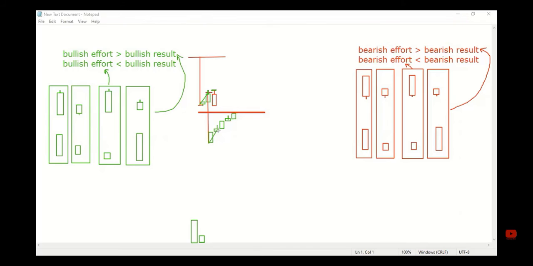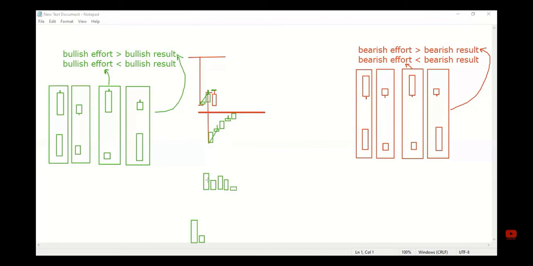So now 1, 2, 3, 4, 5 candlesticks the market already created. In this situation, if we check, this one valid, this one valid, this one valid, this one valid, this one valid.